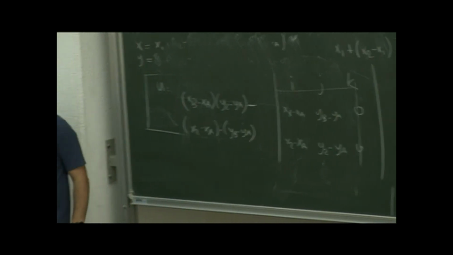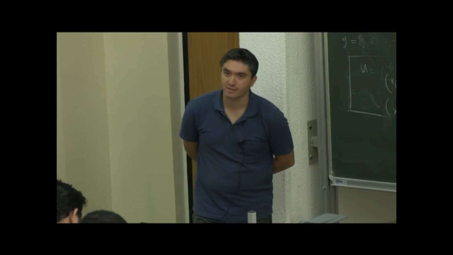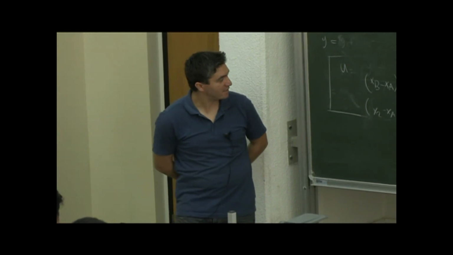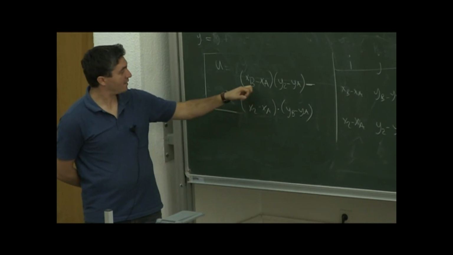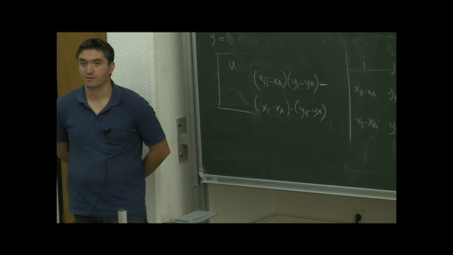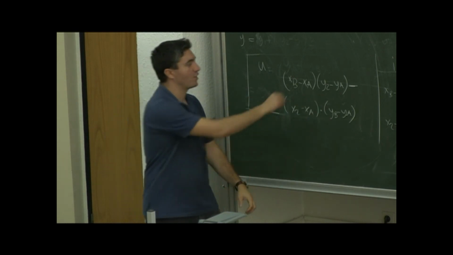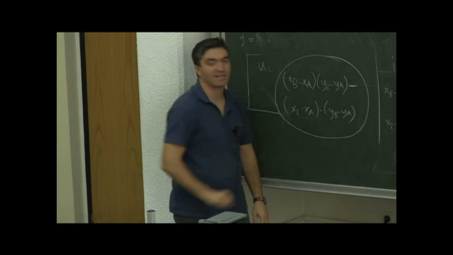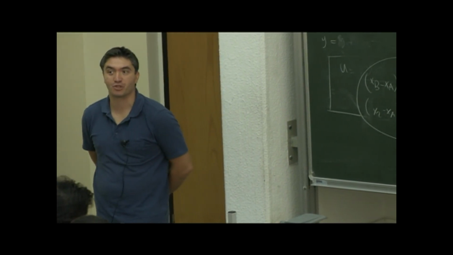So in order to check whether a point lies to the left or right of a line segment, you need to do 2 multiplications and 1, 2, 3, 4, 5 subtractions. So five subtractions and 2 multiplications are enough to check. At the end, this is going to give you the sign, which tells you whether that point is to the left or to the right.